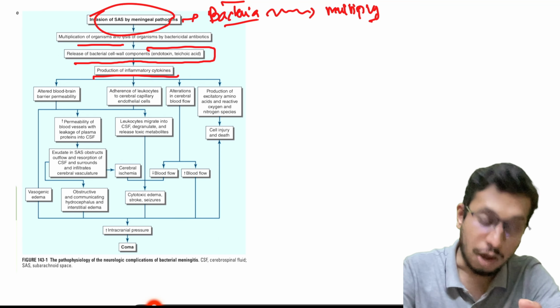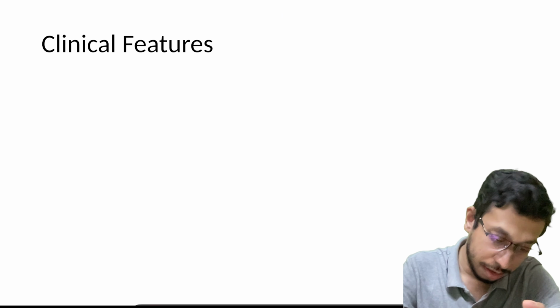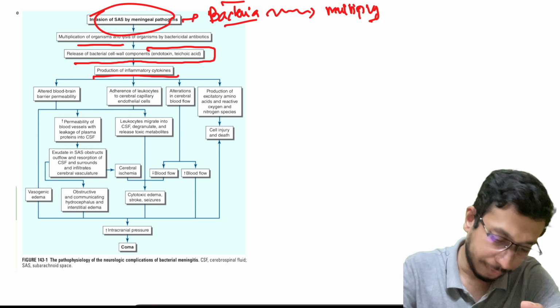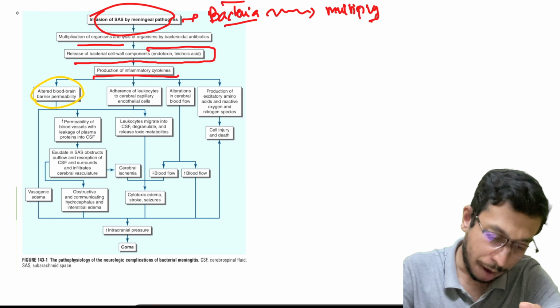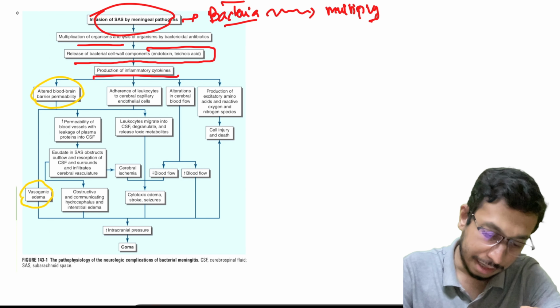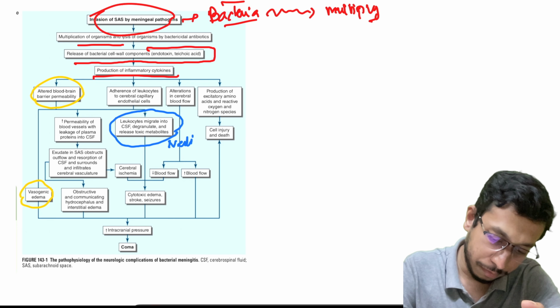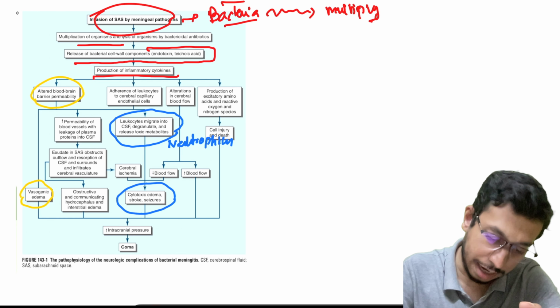All right. Now, what is the effect of production of inflammatory cytokines? As you can see here, there is alteration of blood-brain barrier permeability resulting in vasogenic edema. Then, there is degranulation of the neutrophils, which leads to cytotoxic edema.